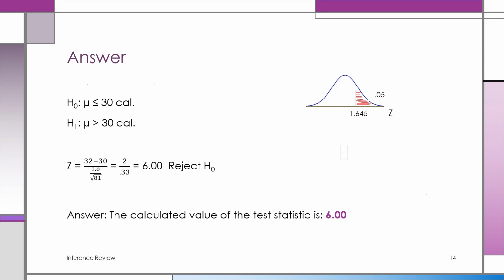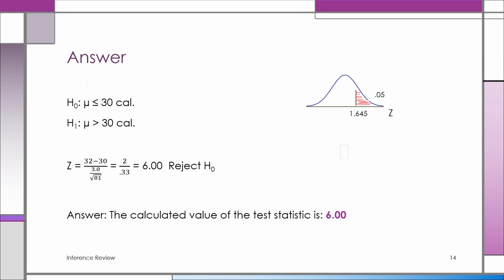The alternate hypothesis, the one that you're going to accept if you reject the null hypothesis, is that mu really is something greater than 30 calories. There's no reason in the world that you have to say exactly what it is. You're just stating that if you reject the null hypothesis, the alternate hypothesis is that mu is greater than 30 calories.